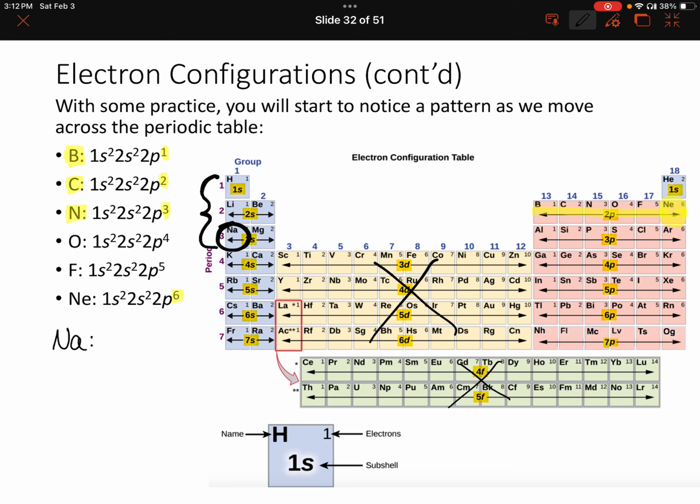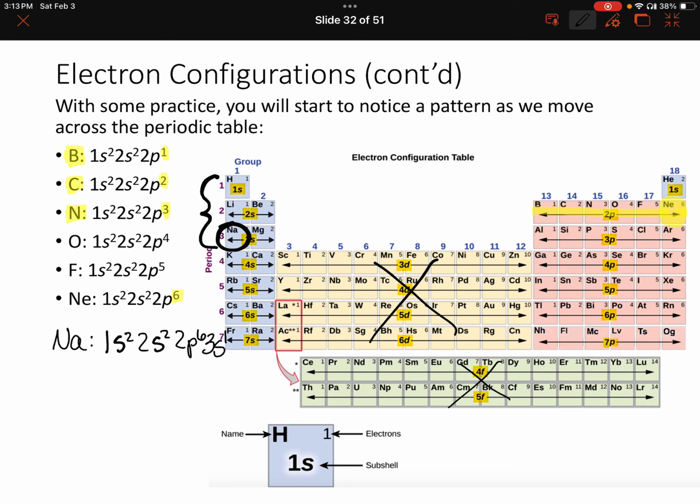Sodium has 11 electrons, so 1 more electron than neon. So now we need to fill in the next room because 2p is full, so we're going to fill in 3s and put 1 electron in that 3s room. So hopefully you're starting to see the pattern with electron configurations, but of course we'll get more practice later on.